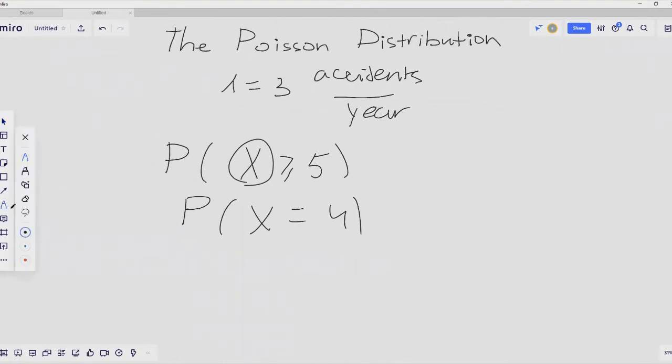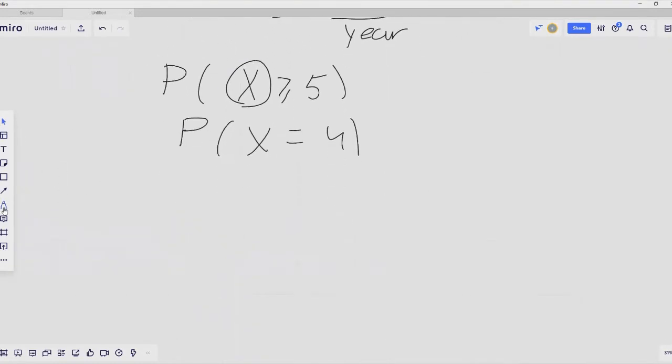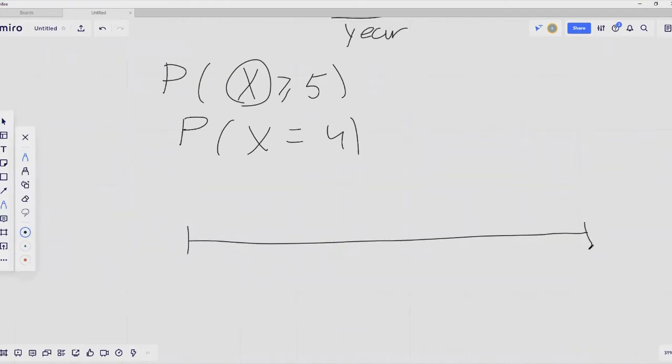Now, you can start off working in the following way. We need to find the number of accidents happening in a year. You can divide this year-long interval into n equal pieces, where n is, let's say, large.